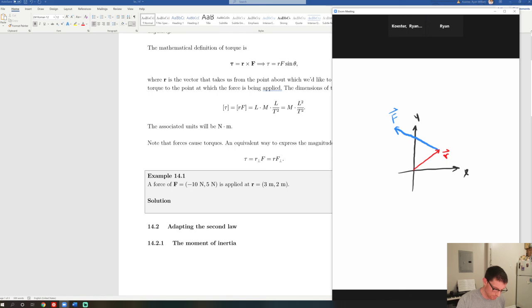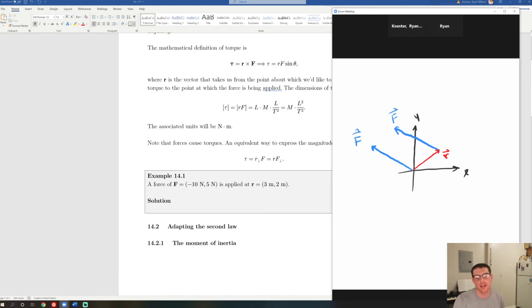And if I redraw my force, let's say I just move it down here so we have a clearer picture of the angle between these two vectors, from the right-hand rule I can already see that the cross product, the z component of the torque, will be positive. So the torque vector will point out of the screen toward your face in this case.